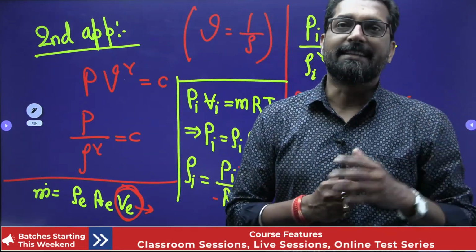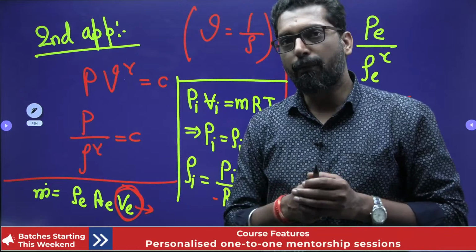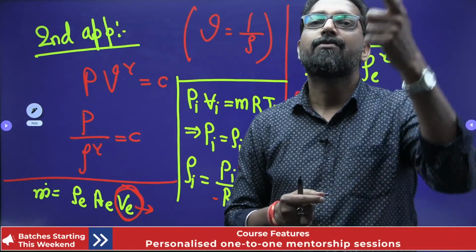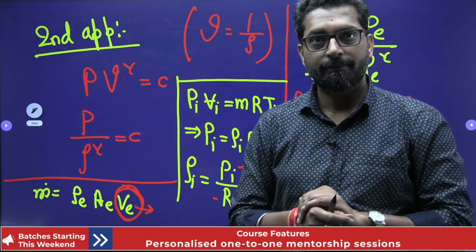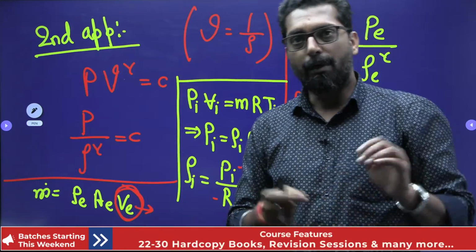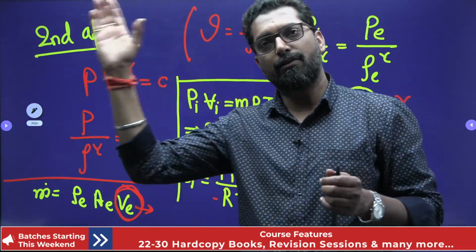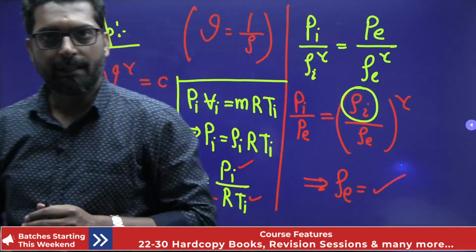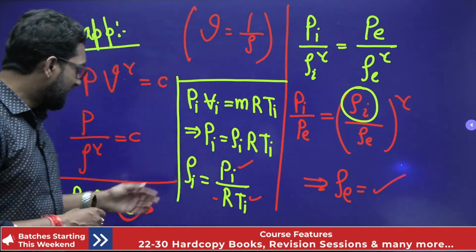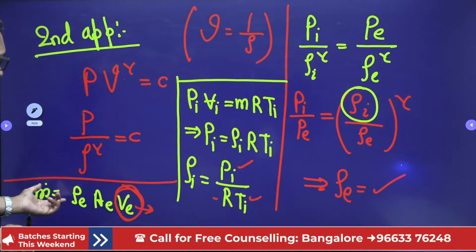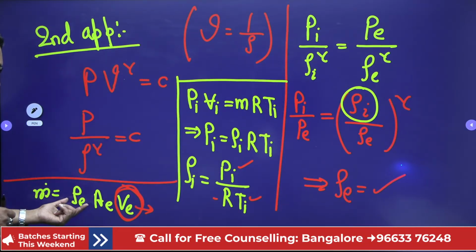Ti is given. Te, the exit temperature, we find from the isentropic relation. Put that value in and you can easily find the exit velocity. Once you find the exit velocity, put this value into this equation.